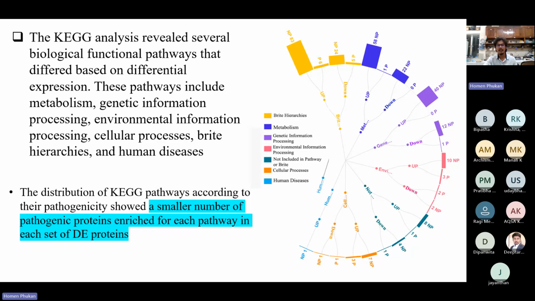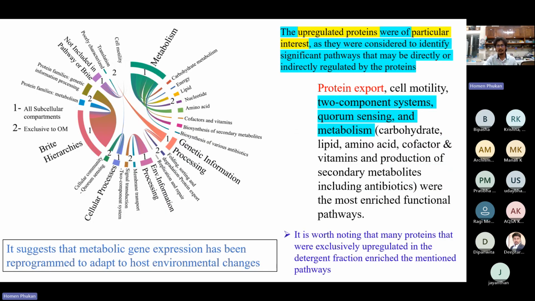This KEGG pathway analysis found that a smaller number of pathogenic proteins were enriched for each pathway in each set of differentially expressed proteins. Since our interest is in the upregulated proteins, which may be directly or indirectly involved in many pathways, we could find many pathways related to these upregulated proteins.